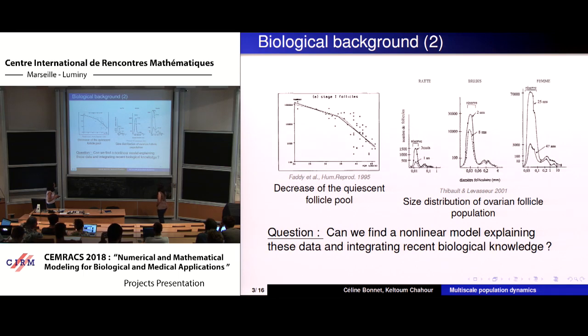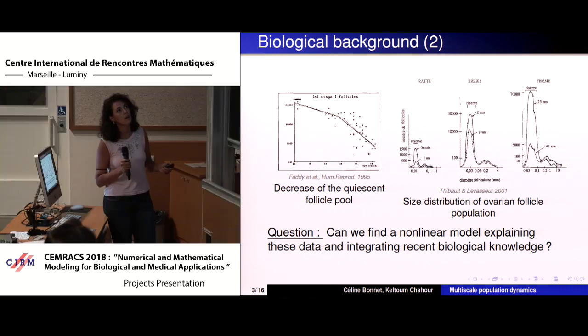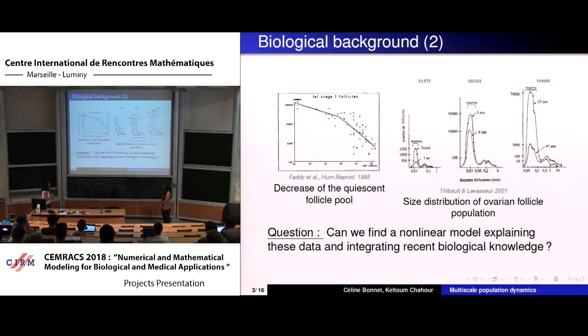From a statistical point of view, on the left we have a figure that shows the progression of the quiescent follicle pool according to time. We can see that this curve is divided into two main parts that are two straight lines, and the regression slope of the second part is steeper than that of the first part.